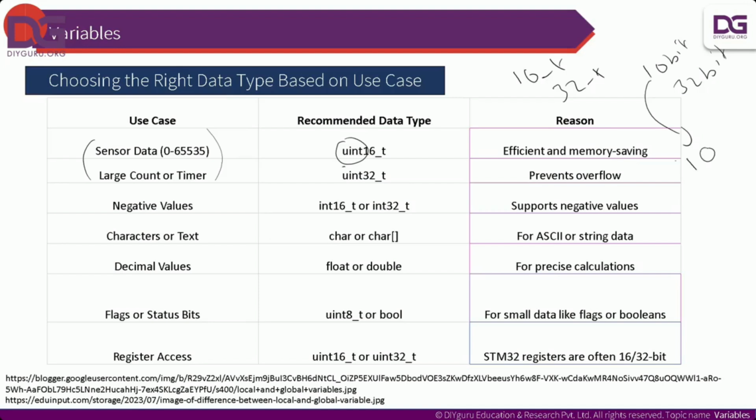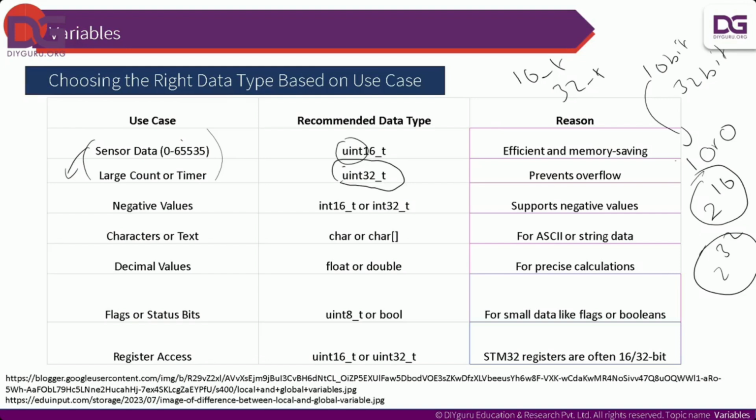One bit is 0 and 1, so it will be 2 power 16 and 2 power 32. If your sensor data has a range of around 0 to 65535, you can use uint16_t. If it is more than that, you can use uint32_t.